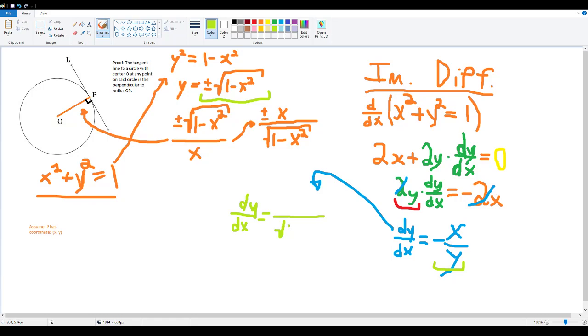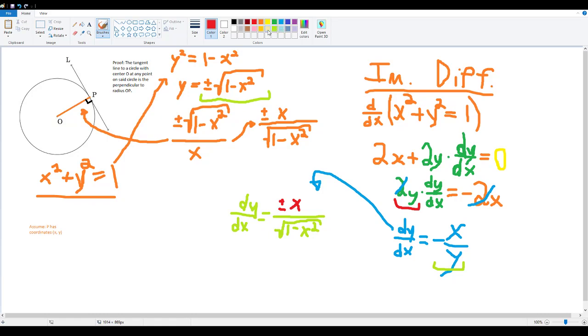So I'll just write it like this. 1 minus x squared. Okay, let's just redraw a little bit of that. That looks really bad. And it's hard to tell then if it's x times 2 or x squared. So we got a plus or minus up here. So let's just draw that out. Plus or minus x.